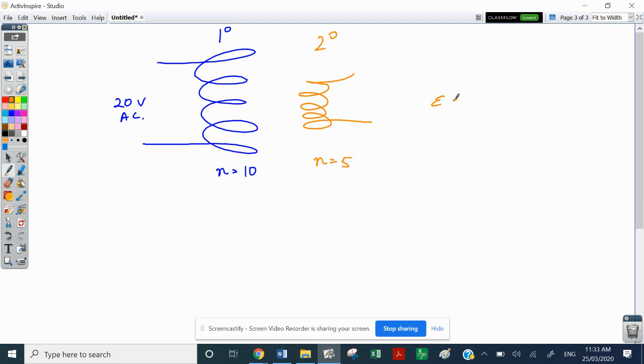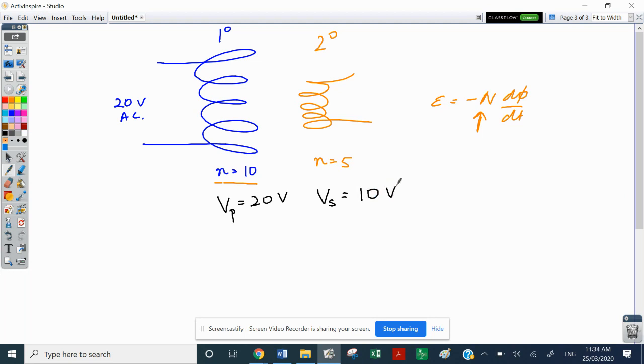Because the EMF induced is minus N times change in flux over change in time, the EMF in the secondary coil will only be half the voltage of the primary coil because the number of windings influences the amount of EMF. In a 10 winding coil, we have 20. So what would we have in a secondary coil? The voltage of the primary is 20 volts. The voltage in the secondary would be half that. That would be 10 volts.